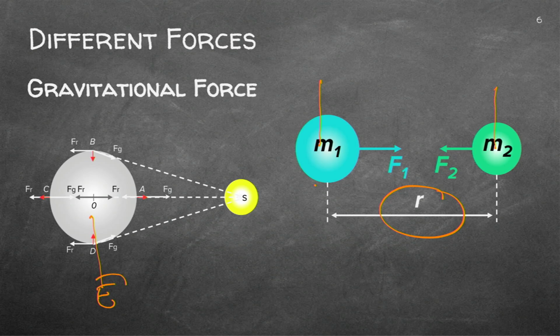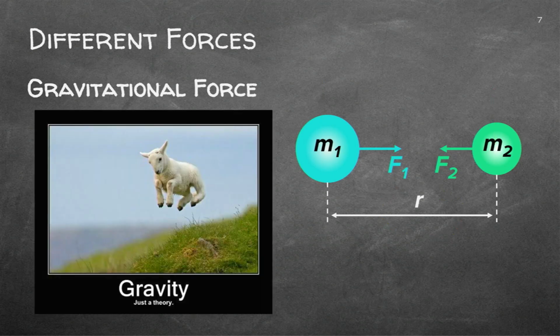Earth has got a mass and attracts all other masses. And you'll see in this little picture, this little lamb is jumping up. What will happen? It will fall down again. Everything that we drop from any height will always move towards Earth because gravitation is an attraction force.